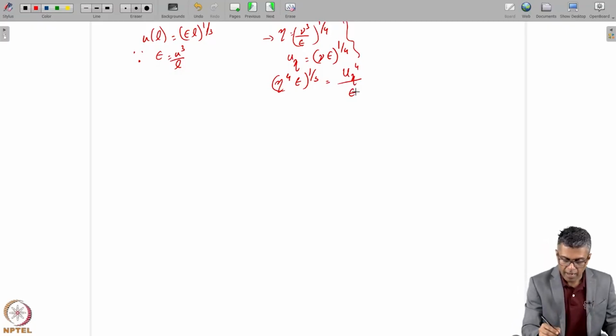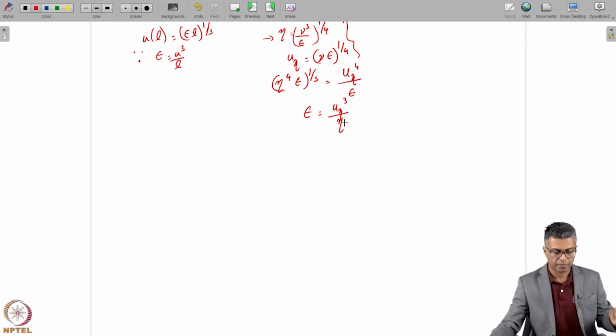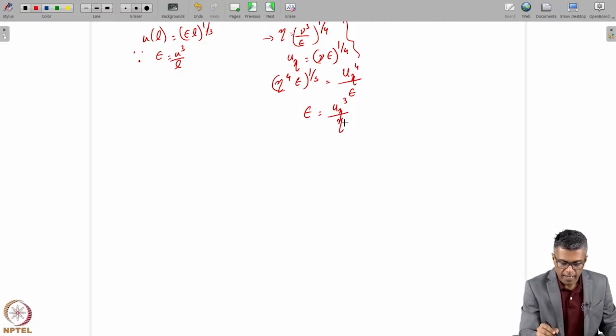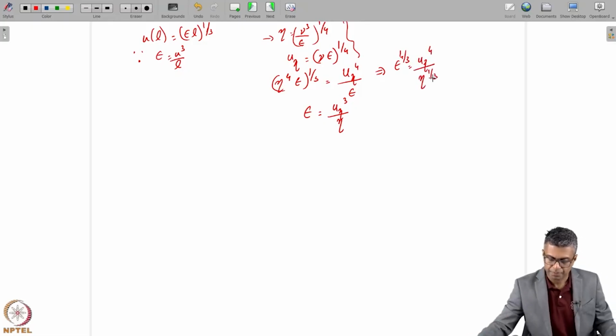That means epsilon from here is equal to U_eta cubed divided by eta. Do you see it? So from here I can obviously get epsilon to the 4/3 is equal to U_eta to the fourth times epsilon to the 1/3.